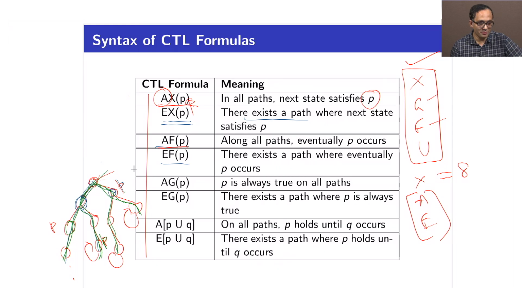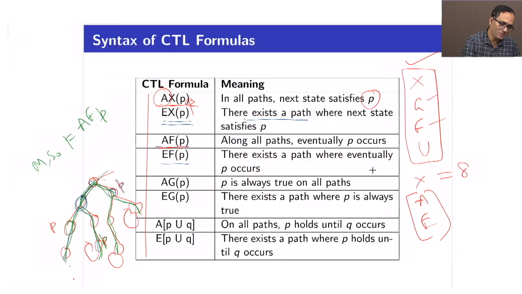In this particular example, in all paths in the future P holds, so I will say model S0 satisfies AF P. And EF P basically means there exists a path where P eventually occurs. As I discussed, if AF P holds, then that also satisfies EF P, because all paths include one path. So MS0 will satisfy EF P as well.